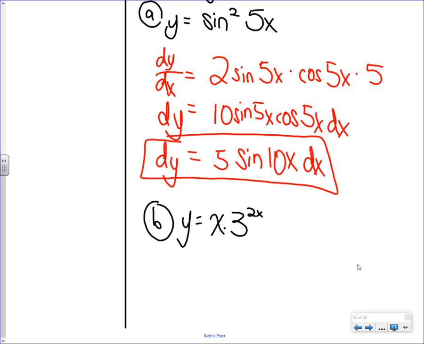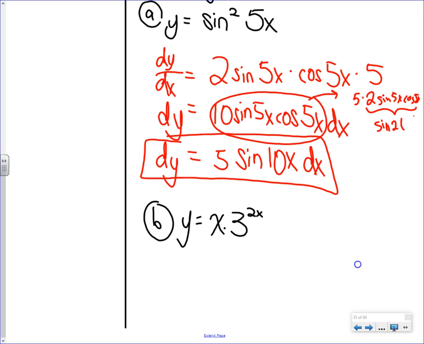So if I separate the 5 and the 2, I'm going to have 5 times 2 sine of 5x cosine of 5x. 2 sine cosine is the double angle of sine, but it's not double x, it's double whatever's in there, which is 5x.